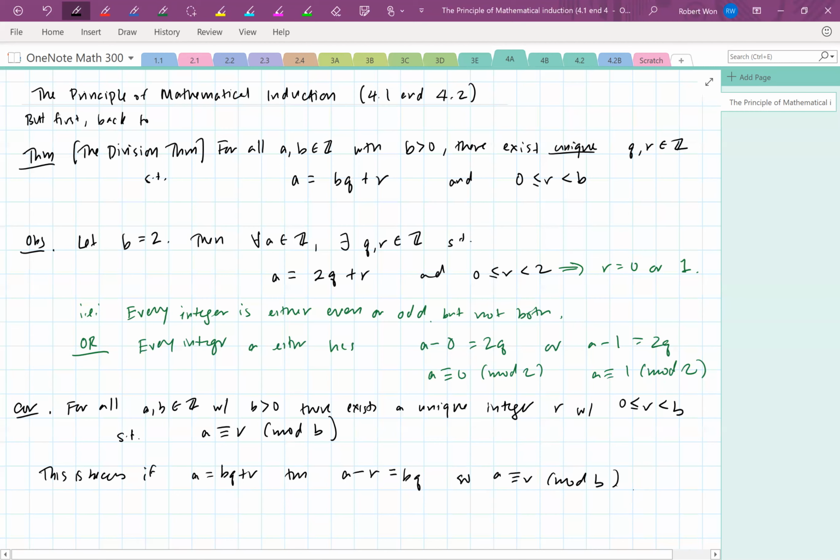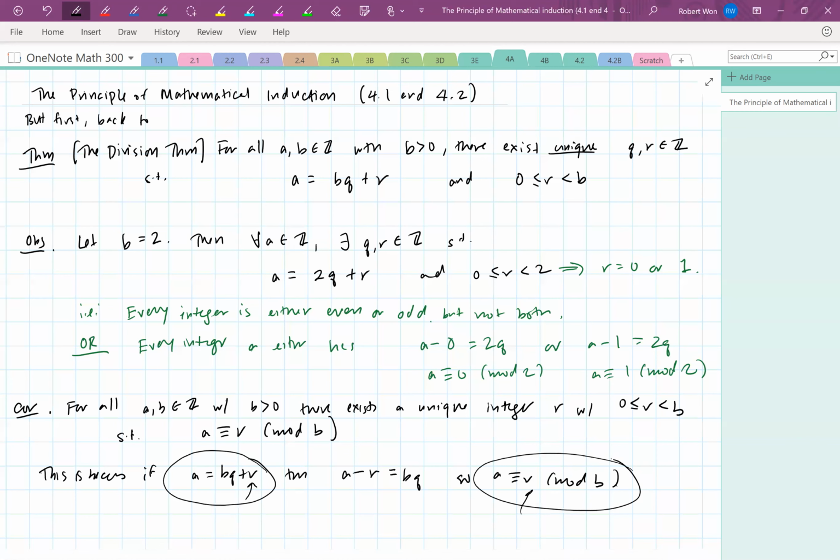So the theorem says that for any a and any b, I can always find a unique r between 0 and b such that a is congruent to r mod b. So this is really just another way to state the theorem, where you just translate between the two because they mean the same thing, basically. This is an extremely useful fact.